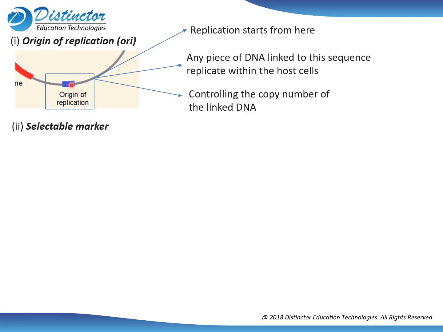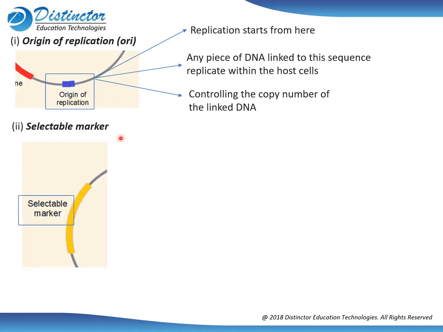This origin of replication controls the copy number of the linked DNA. It controls how much plasmid, or how much cloning vector, should be inside a bacterial cell, because the origin of replication has the property to stop and start the replication process.